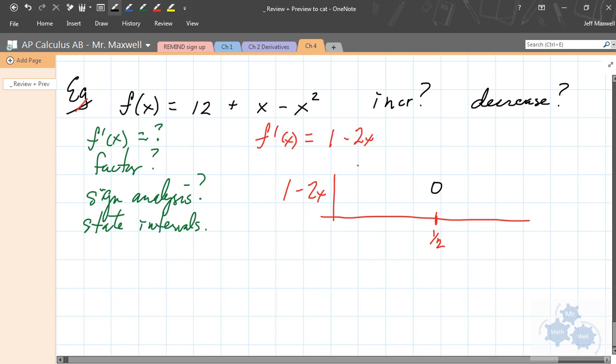Now you got to be careful with this. Remember the x term is negative. So you should do some test values, like 0 is over here. What happens if you plug 0 in? You get 1 minus 0, which is positive. So it's positive on this side.